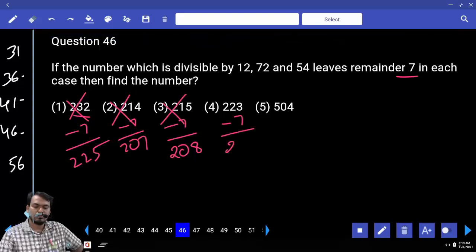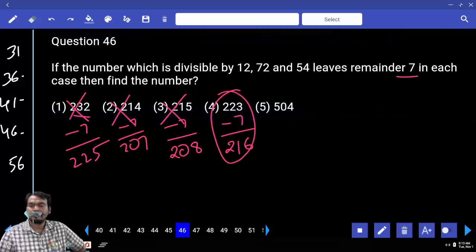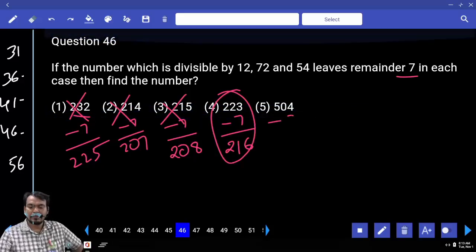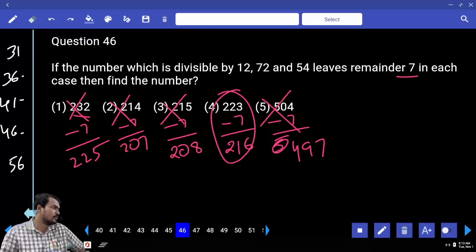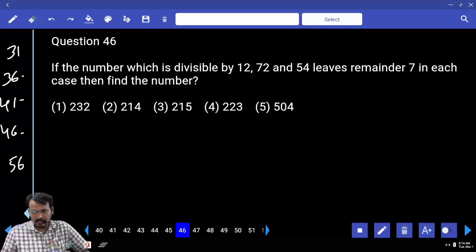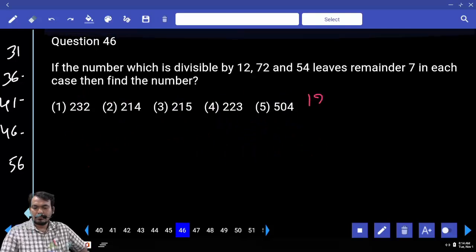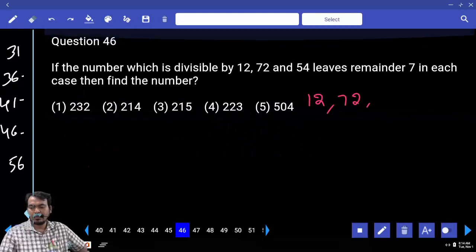How much? 216. Is it divisible by 12? Yes. Next, what is the fifth option? 504. Minus 7 means we get 497. Is it divisible by 12? No. Then the answer is the fourth option, 223.